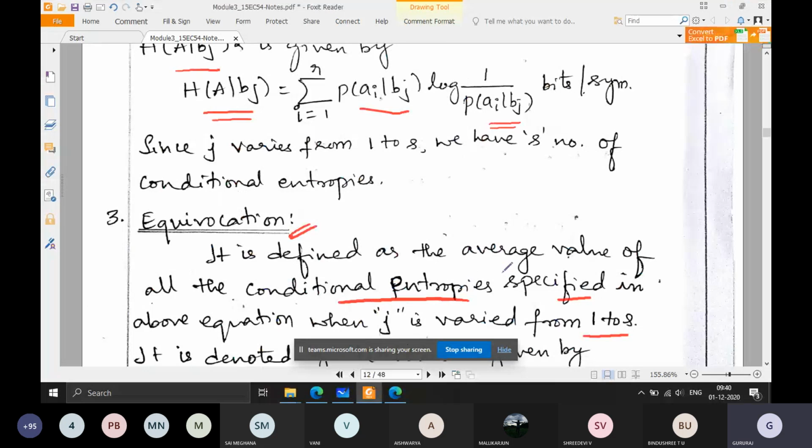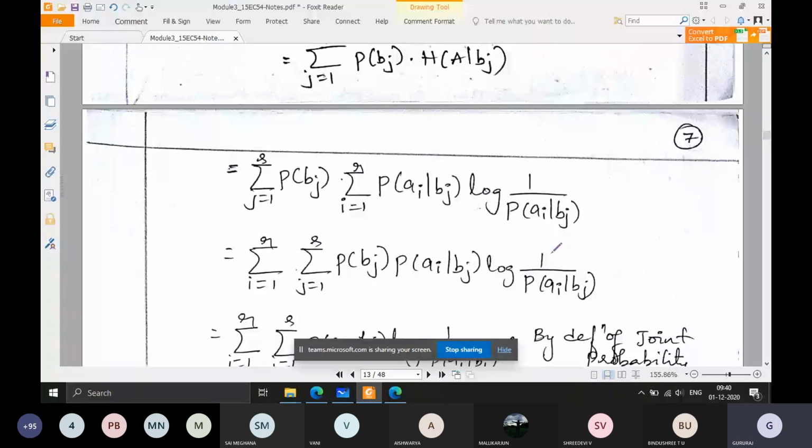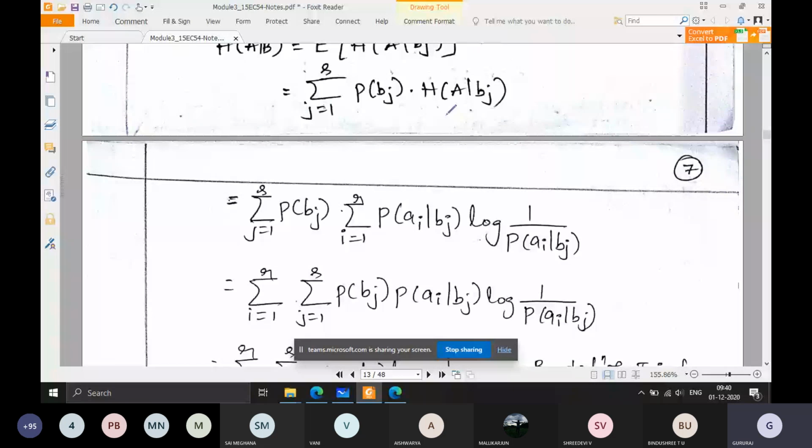To consider all the output symbols, you have to multiply H of A by Bj into P of Bj, and you have to vary j from 1 to S, since you are considering all the output symbols.